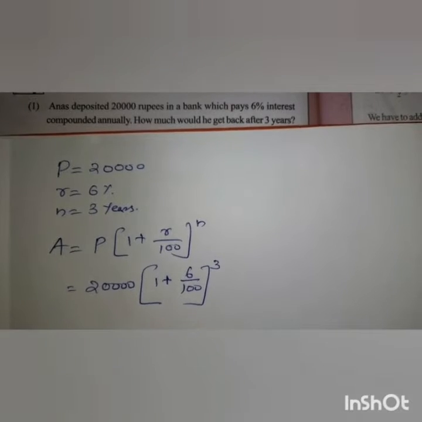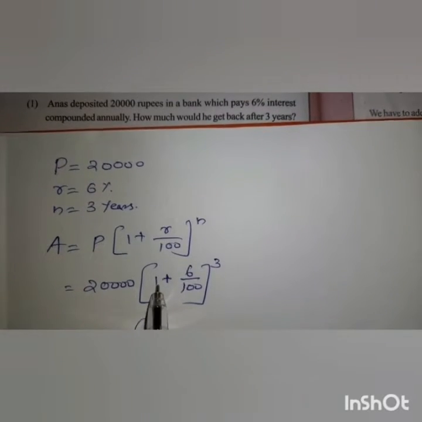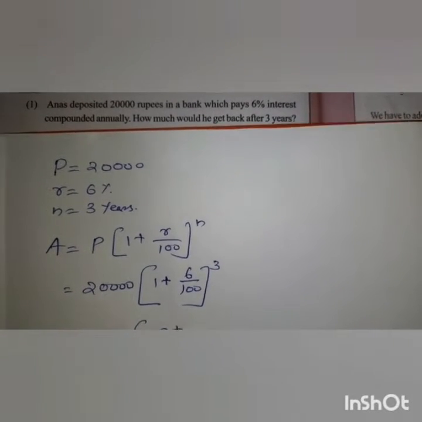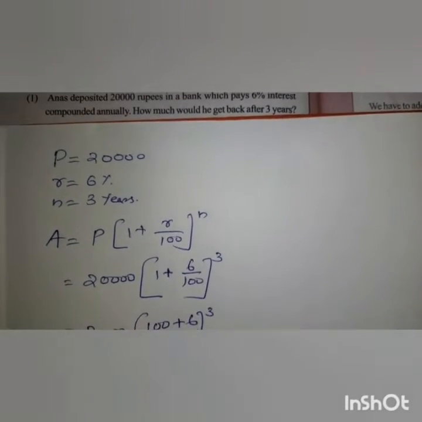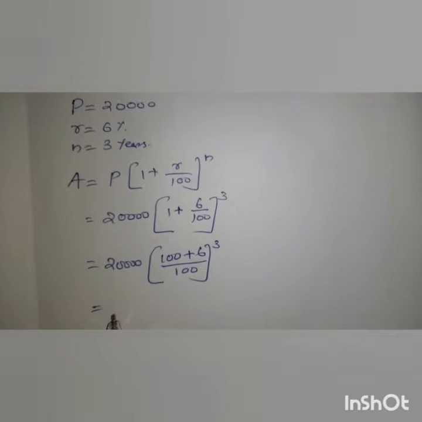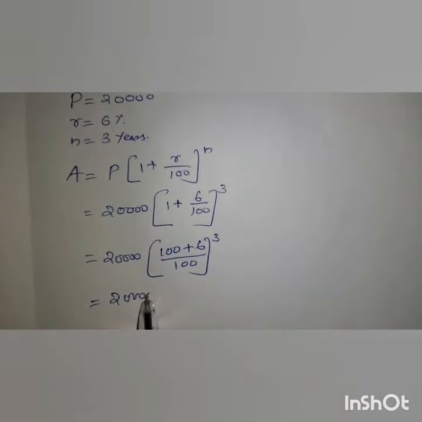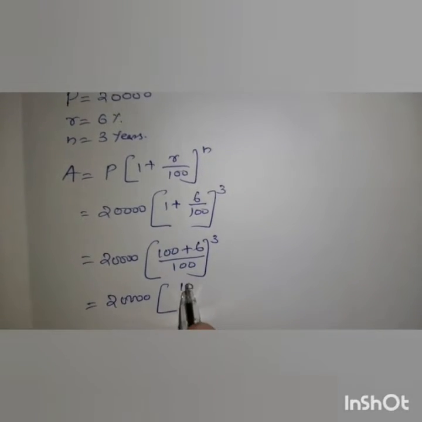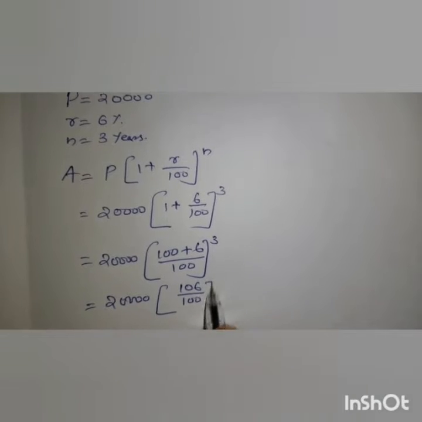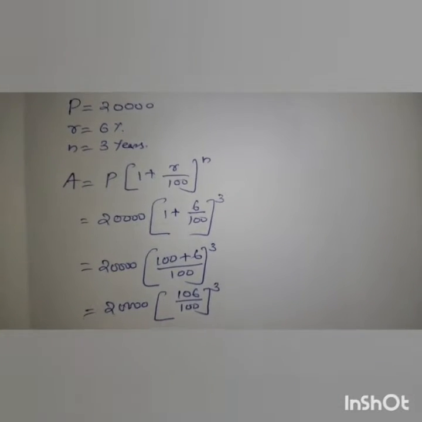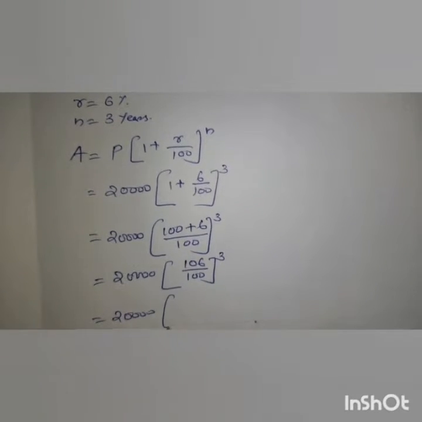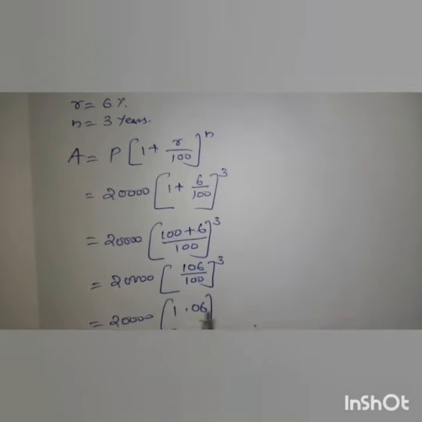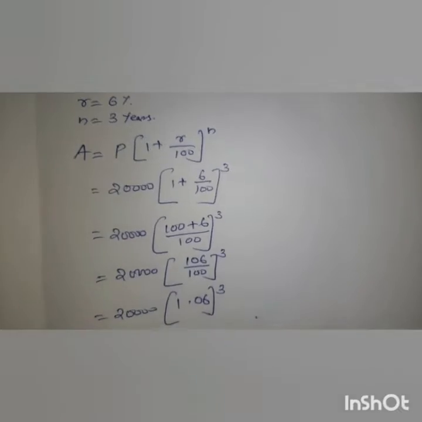This is 20,000 into 1 into 100, 100 plus 6 by 100, taking the LCM, raised to 3. So you will get 20,000 into 106 by 100 raised to 3, or you can write 20,000 into 1.06 raised to 3.